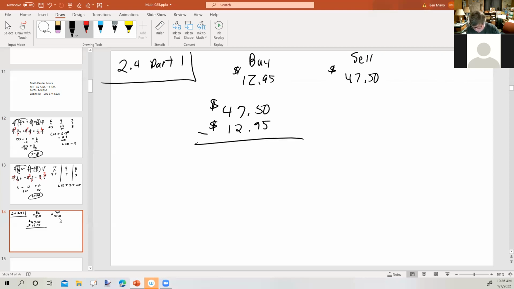Okay, so we've got $47.50 minus $12.95, and we get $34.55. So that is the markup to the selling price or from the buying price. Anyway, let's take a look at another example.